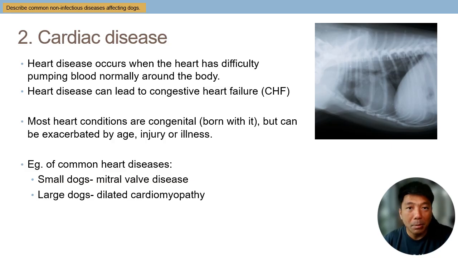For example, small breeds like Maltese are prone to mitral valve disease, while large breeds like Boxers are more likely to develop dilated cardiomyopathy, DCM.